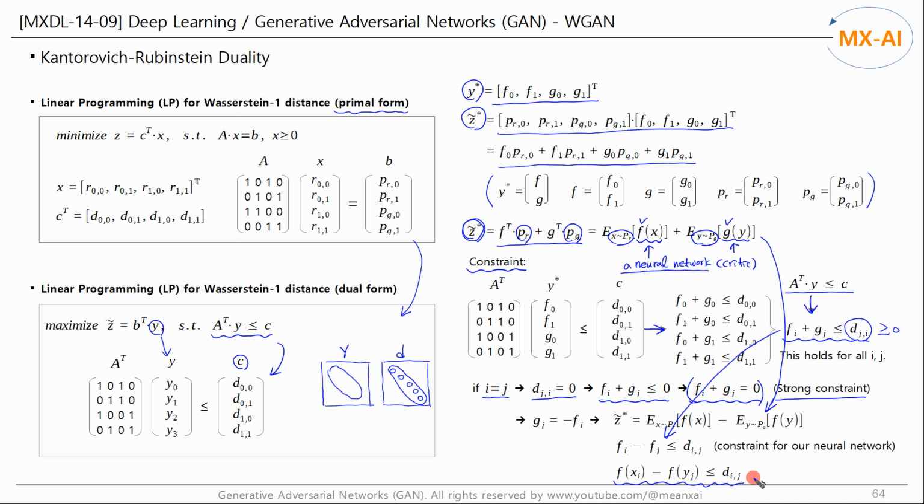That is, the neural network f should have a smooth output without any abrupt changes for any input. We need to train a neural network f that satisfies this condition to make z star as large as possible. This is the basic concept of the Wasserstein GAN network.